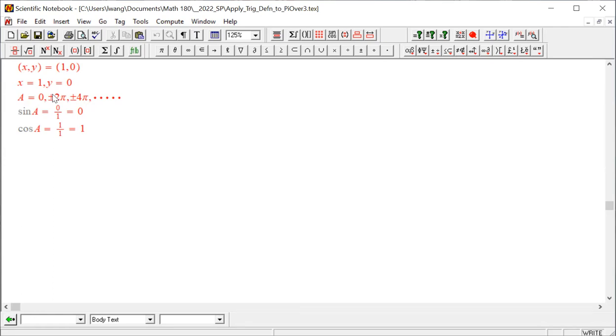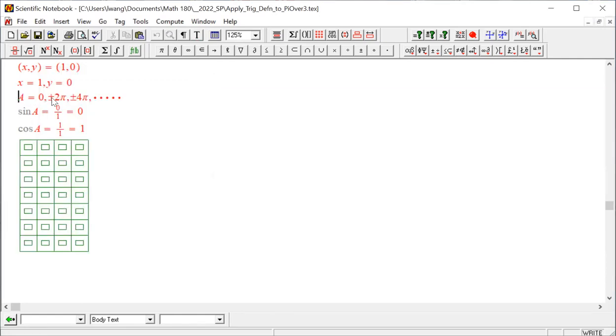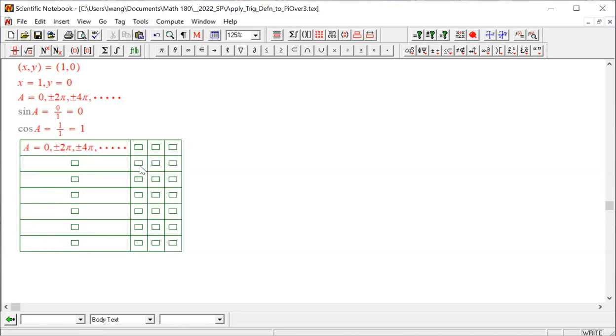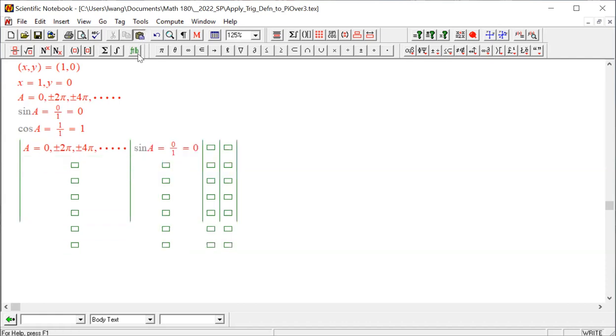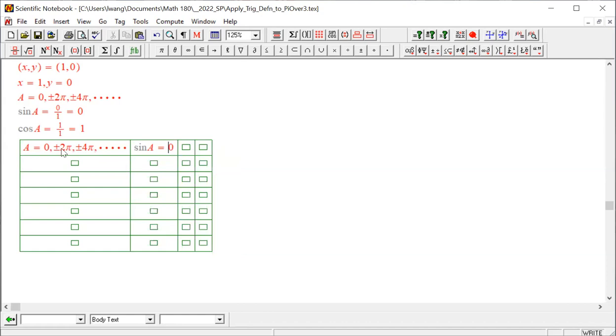Shall we make a table before we move forward? Yes, I think we should make a table for it. There are 6 functions. So if A is one of these, sine of A is going to be 0 by definition, so that's just 0.